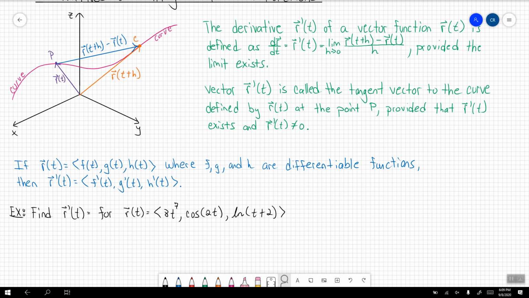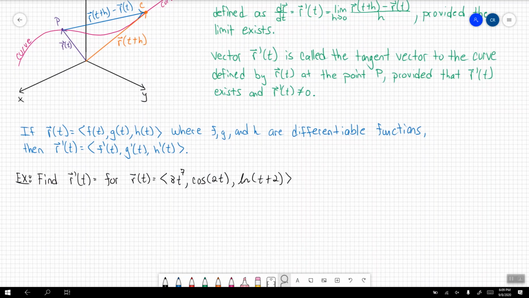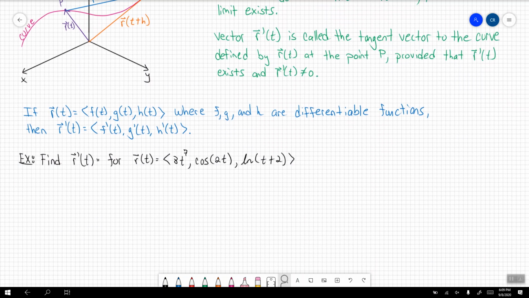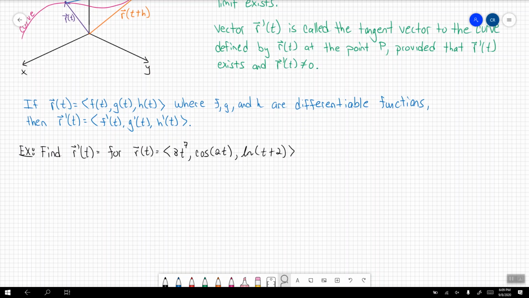On screen here, you now have this example. It says, find r prime of t for the vector-defined function r of t, with x component 8t to the power of 7, y component cosine of 2t, and z component natural log of t plus 2. All we have to do is take the derivatives here.